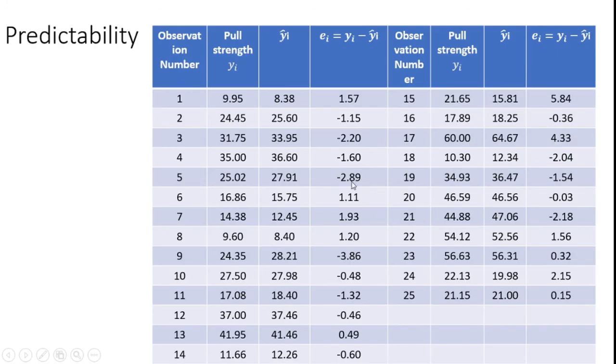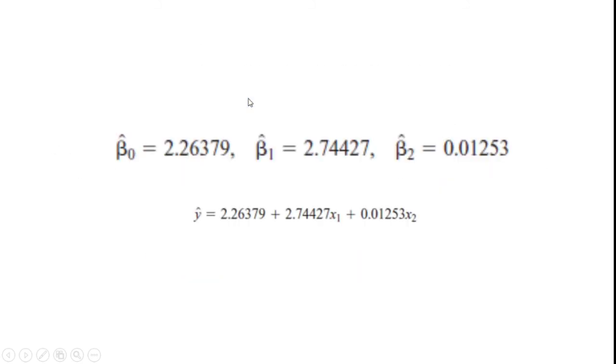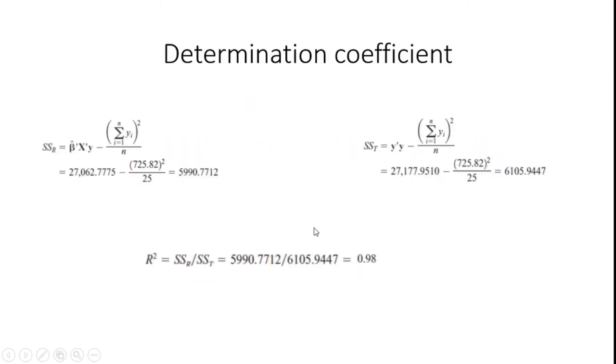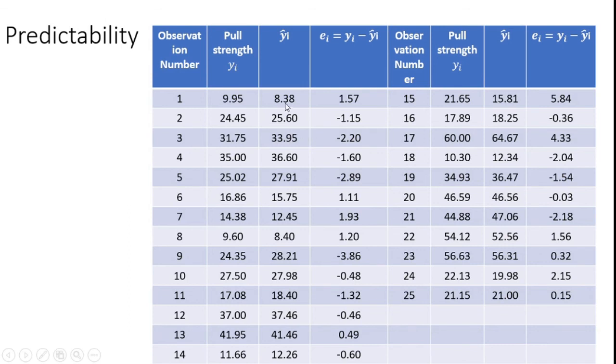So in every experimental run I substitute the corresponding x1 and x2 values into that equation. I get different values: 8.38, 25.60 for the second observation, 33.95 for the third experiment. Likewise, I conduct the same test up to the 25th observation.